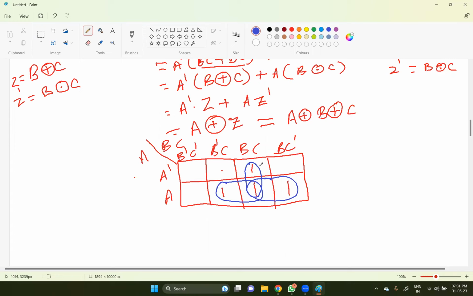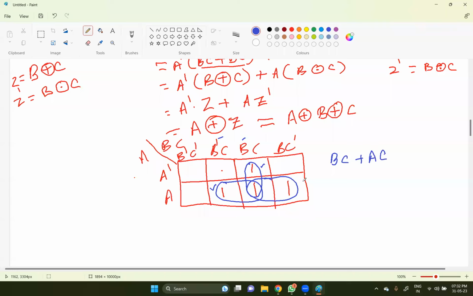So for the first one, A plus A complement is equal to 1. So therefore, it will be considered as BC. So BC plus, for the second one, a single row and the two columns are participating. So here B complement plus B goes to 1. So therefore AC will be the next value.